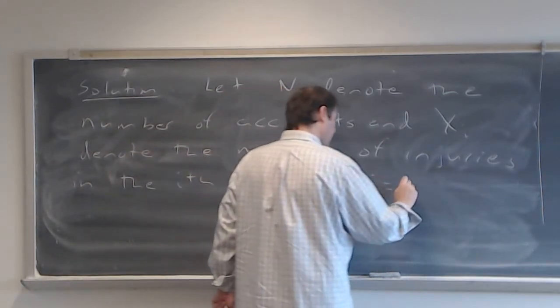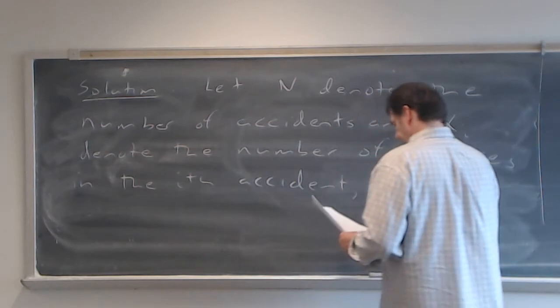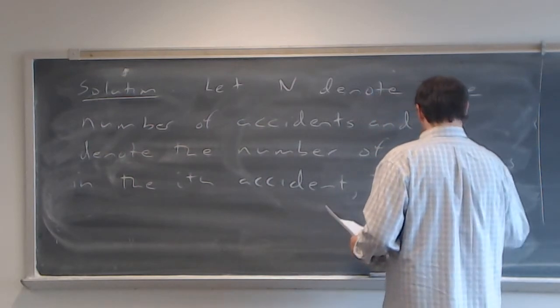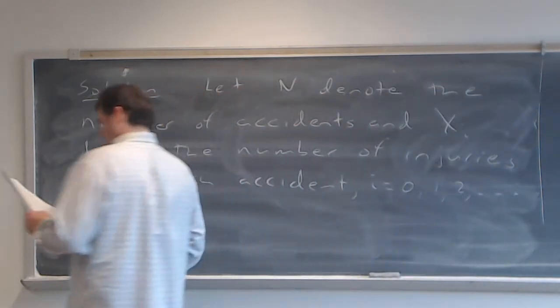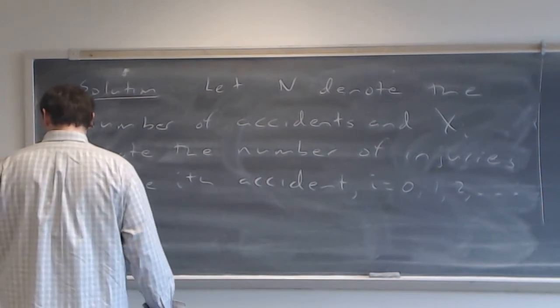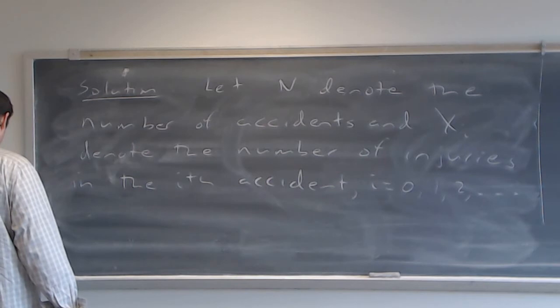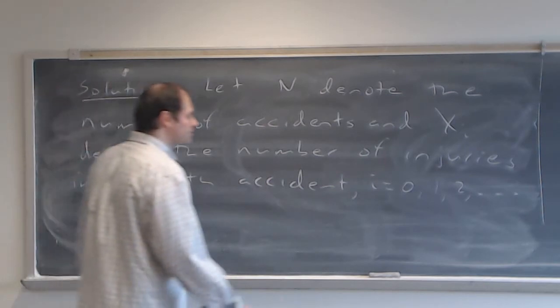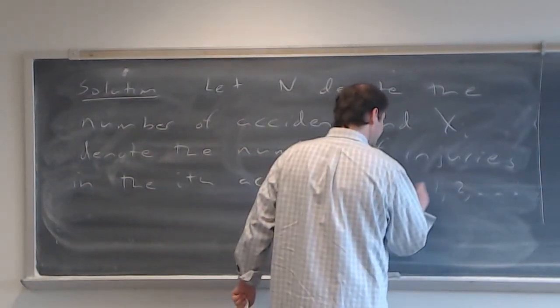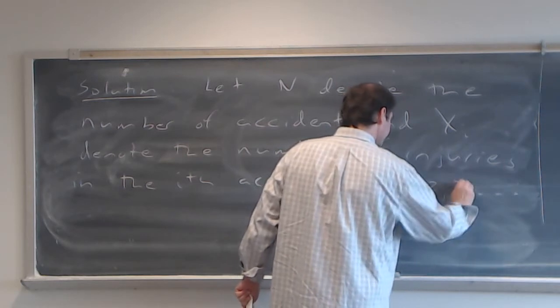And here i can run from, well, it could be none, 1, 2, forever. Okay. Well, I think for i, you should start with 1, 2, 3.